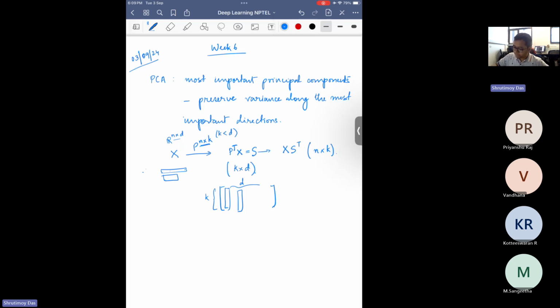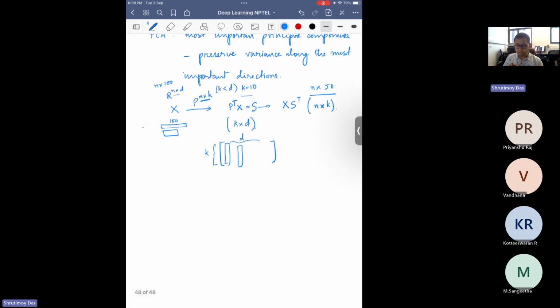So basically earlier if I had, say, 100 dimension features here, and now if K is 50, from an N cross 100 matrix I go to an N cross 50 matrix. So we don't need to store all the 100 features. We are selecting only the 50 most important features.